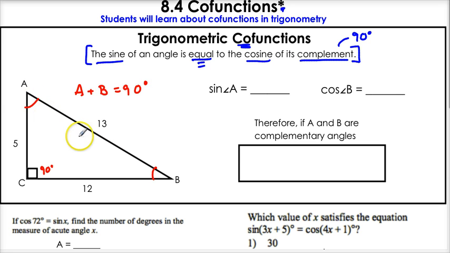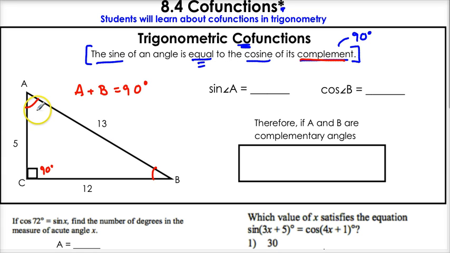Because 90 plus 90 here is 180. So A and B are complements, because they add up to 90. And what we're saying is that the sine of A should be equal to the cosine of B because they are complementary angles. And let's see if that's true.